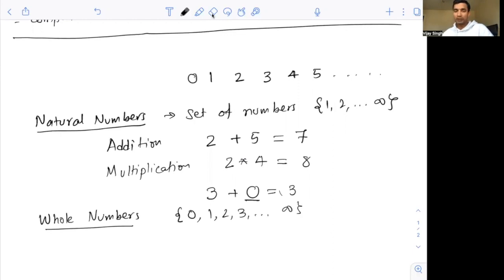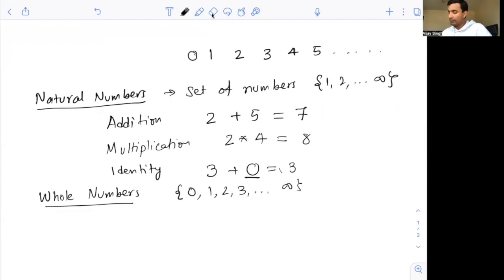So the set of natural numbers along with 0 is called the whole numbers. And now that we have this number 0, we can perform this identity operation, which is you take any natural number, you add 0 to it, you get another natural number. So this operation is only allowed when you have 0 in the set. Once you include 0 in the set of natural numbers, you get a new set, which is the whole numbers.